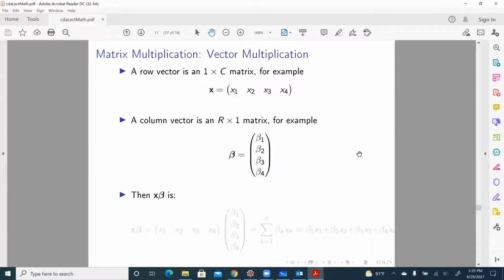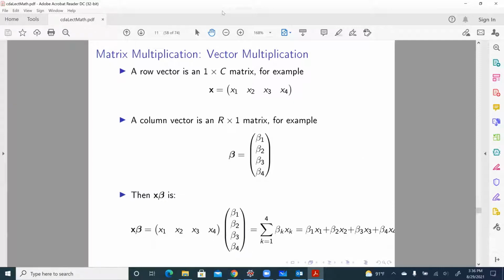So here, X is called the multiplicand matrix, and beta is the multiplier matrix. And what we're going to do is we're going to use X element-wise multiplied by beta, okay?